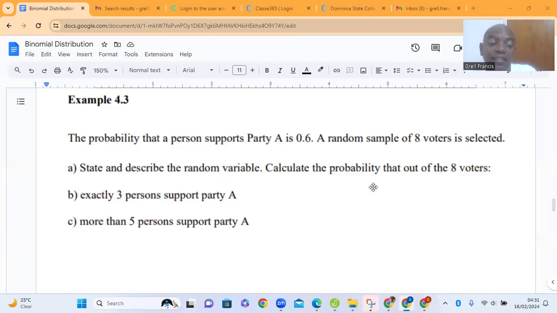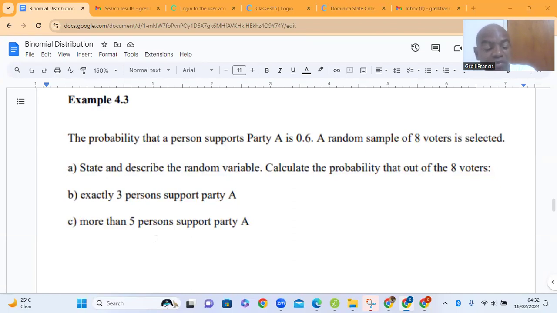Now, part C says, find the probability that out of that 8, more than 5 persons support party A. More than 5 means, because this is a discrete random variable, more than 5 starts from 6. More than 5 does not include 5. So greater than 5 means you start at 6, so more than 5 means 6 or 7 or 8, strictly more than 5.